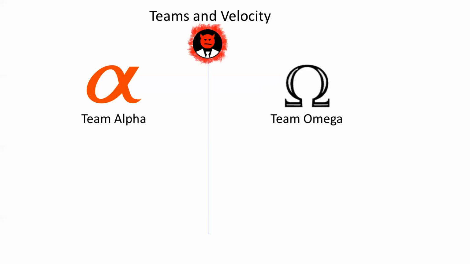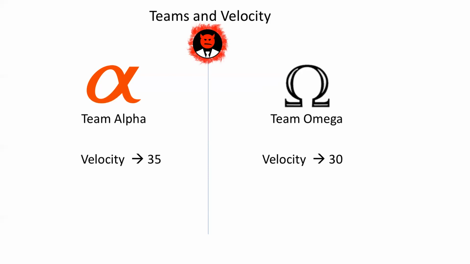And I am the evil executive, VP of engineering. I come to Team Alpha and I ask them, what is your velocity? Team Alpha says, our velocity is 35. Great. Now I go to Team Omega and I ask them the same question, what's your velocity? And they say that their velocity is 30.